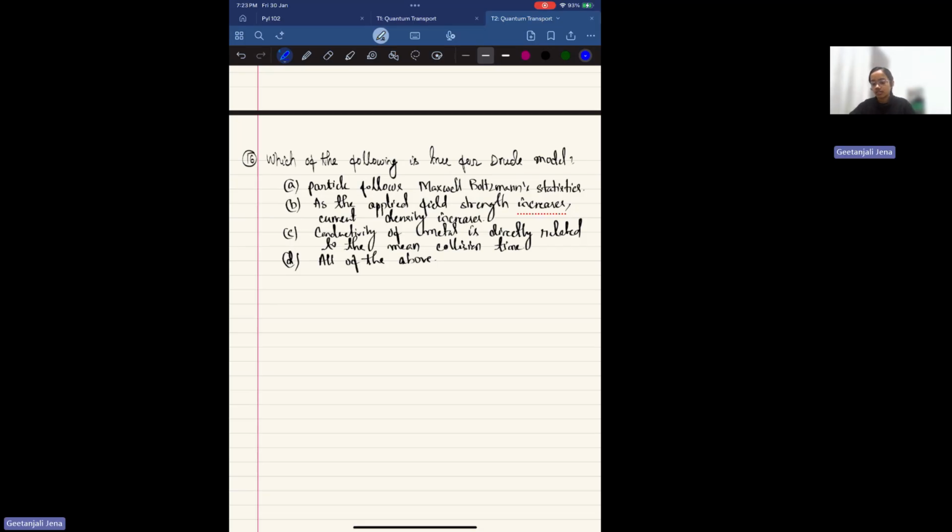Which one of these do you think is the correct option? We can easily see that all of these options follow the Drude model. The particle does follow Maxwell-Boltzmann, and as we apply the field strength, the current density also increases. J is sigma E, and the conductivity of the metal is directly related to the mean collision time, where sigma is n square tau by m. So that means option D will be the correct option.